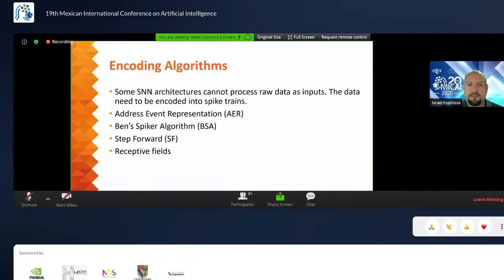These will help us to transform signals into sequences of spikes, or spike trains. The fourth one, receptive fields, will help us to transform a real number into sequences of spikes. With this approach, we can also work with static data, data that represents features of some problem. Not only signals, but just features.